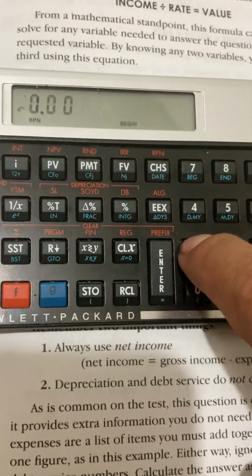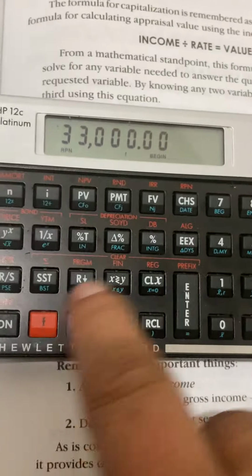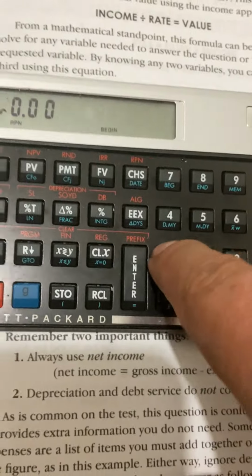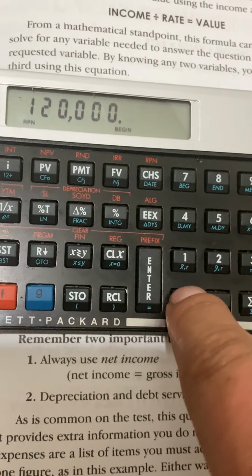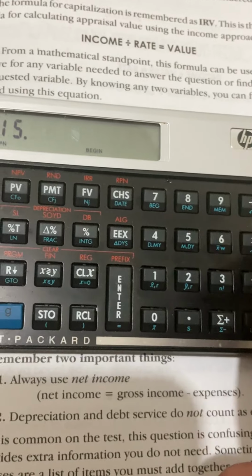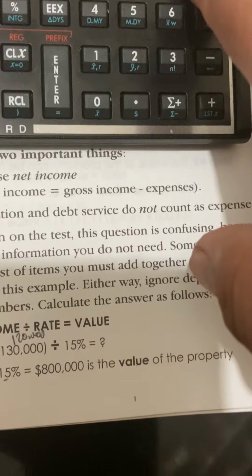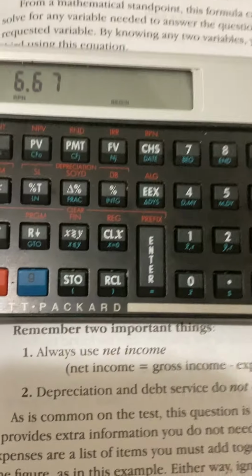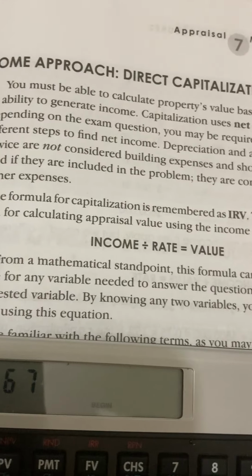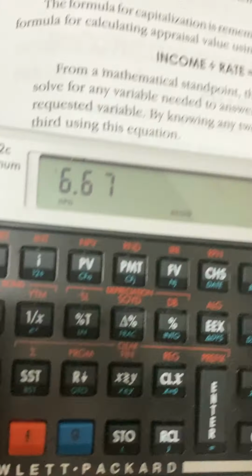Clear. $30,000, that's weird. Clear all registers. $6.67, that's a rate. Income divided by rate, 6.67, 15%.